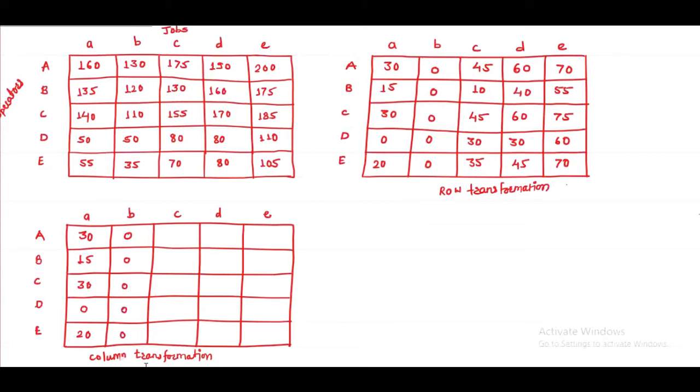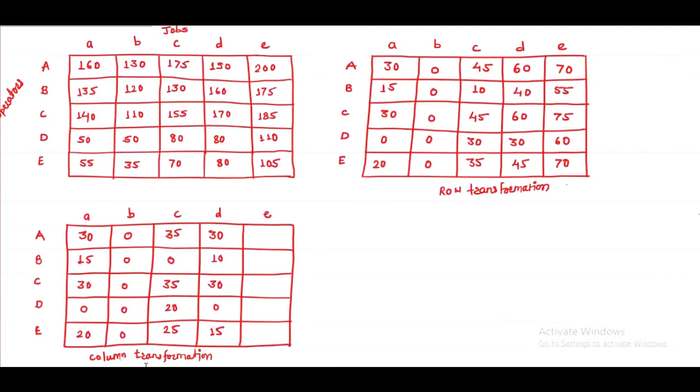Then in the third column the lowest element is 10, so we have to subtract that 10 from each element of that particular column, so you will get 35, 0, 35, 20, 25. Then in the fourth column the lowest element is 30, so subtract that 30 from each element of that column, you will get 30, 10, 30, 0 and 50.